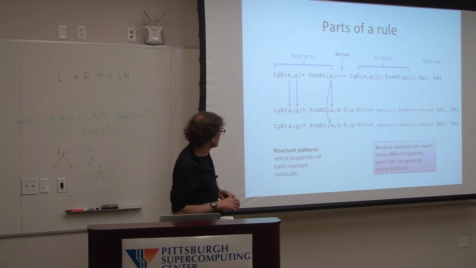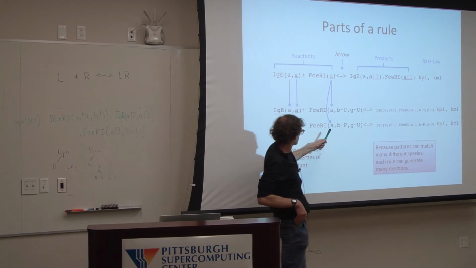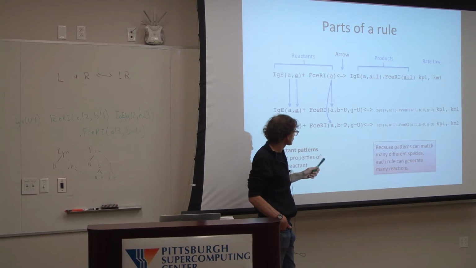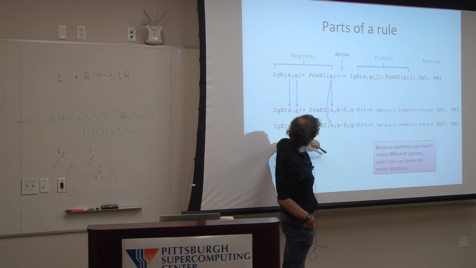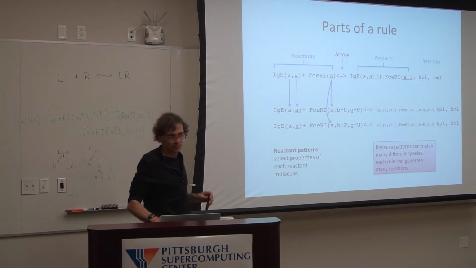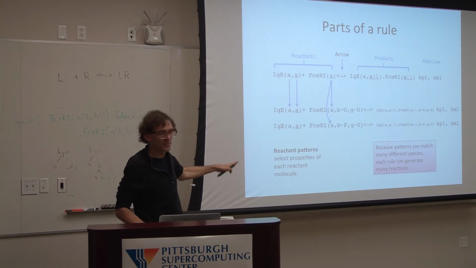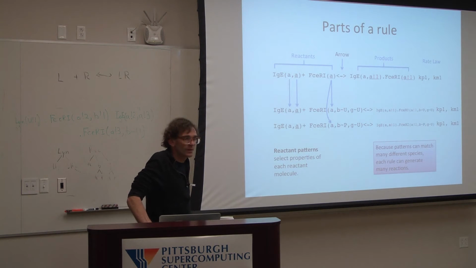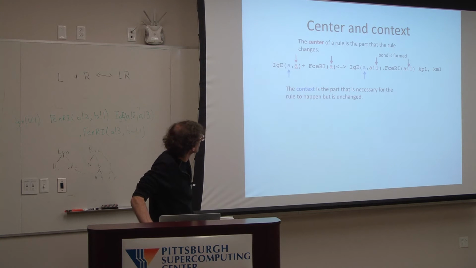We could figure out how many if we wanted to, by figuring out how many different possible states of B and G there are for a given receptor, and that number of reactions will be generated by this particular rule. But we don't need to figure it out because BioNetGen will figure that out. Okay. So this is sort of the core conceptual stuff. Once you get this, you can go to town and make your own models, no problem.